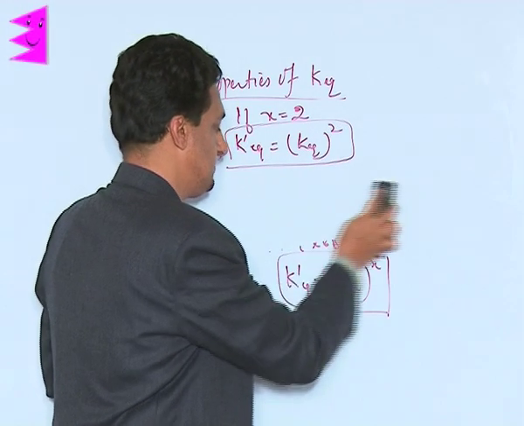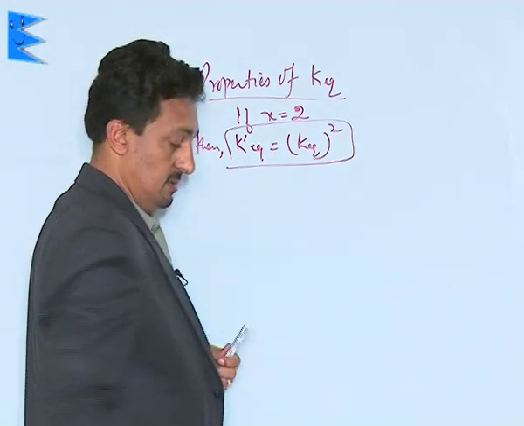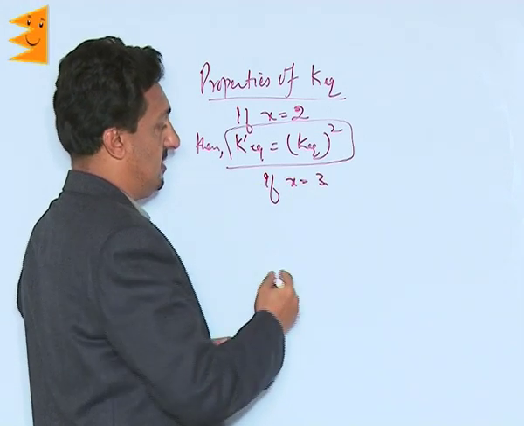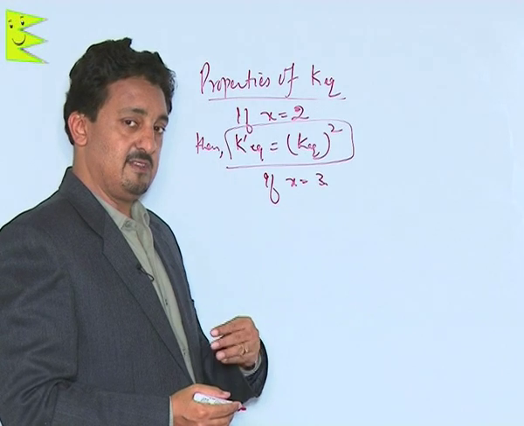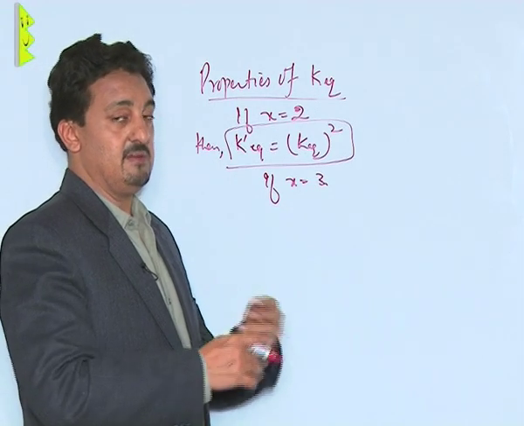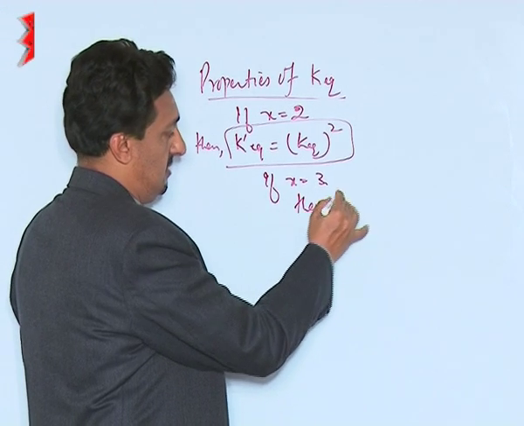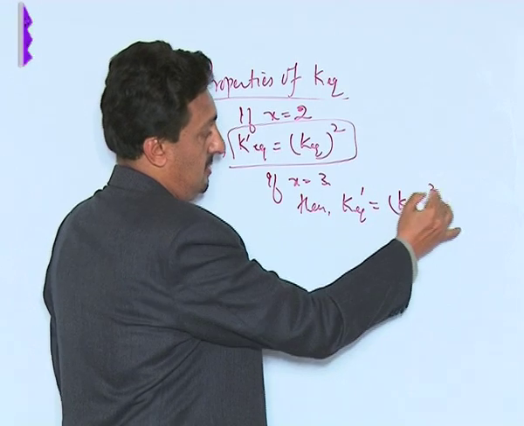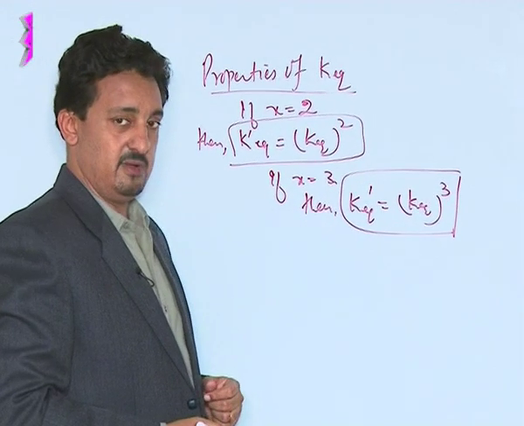Similarly, if your x is 3, it means we are multiplying the coefficients of the reactants and the products by 3, making them 3 times, then the new equilibrium constant will be the cube of the previous equilibrium constant.